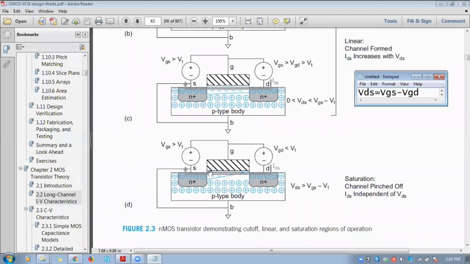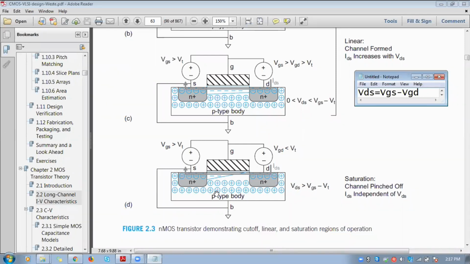But even though current is flowing, why? Because your drain is at positive potential. Your drain has enough potential to attract the electrons from the channel. This movement is not because of VDS.